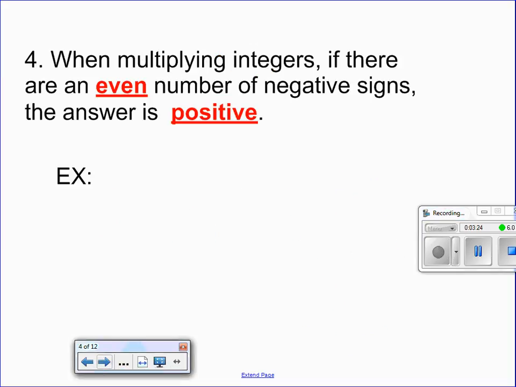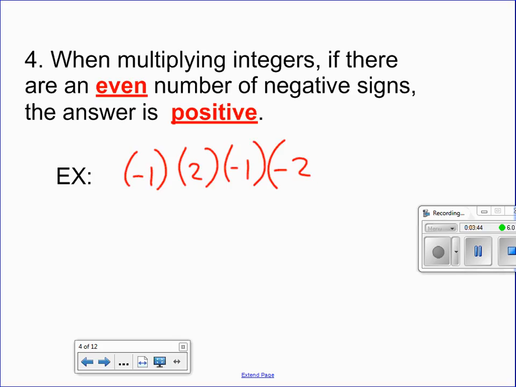Number 4, when multiplying integers, if there is an even number of negative signs, the answer is positive. For example, now, all these integers are multiplying.